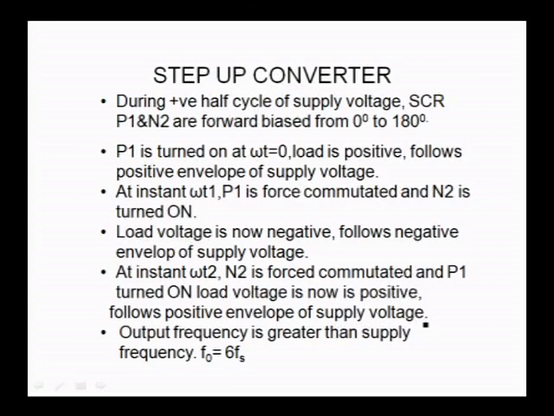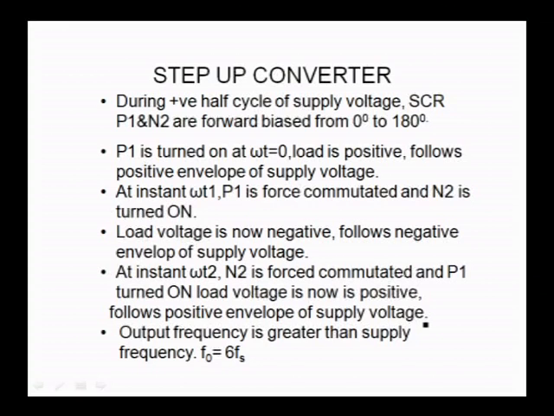Let us summarize the working of the step up converter. I already told you, during the positive half cycle of supply voltage, SCR P1 and N2 are forward biased from 0 to 180 degrees. P1 is turned on at omega t equal to 0, load is positive, follows the positive envelope of supply voltage. At instant omega t1, P1 is force commutated and N2 is turned on.